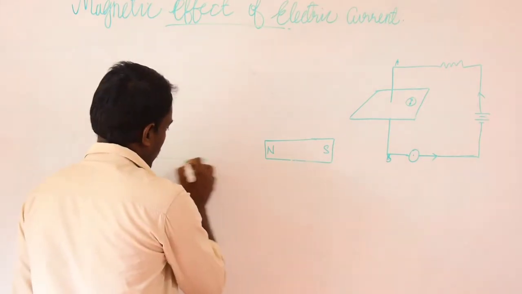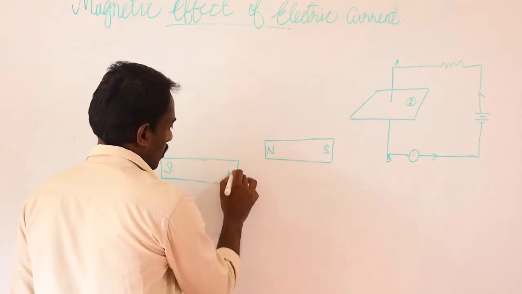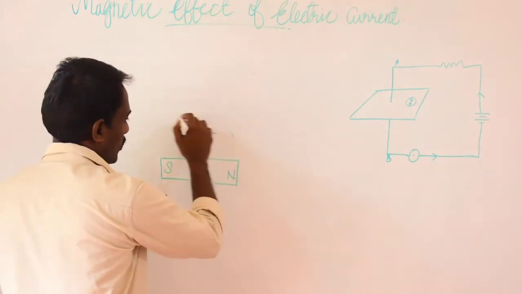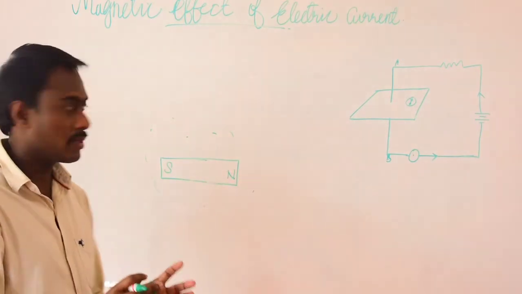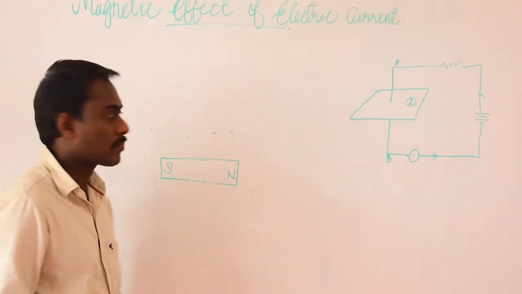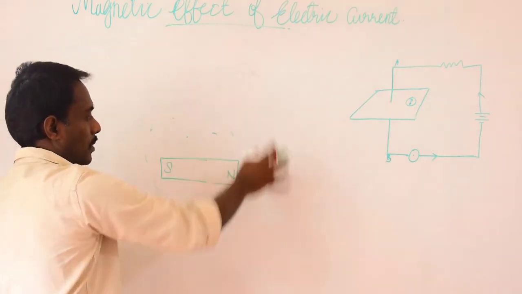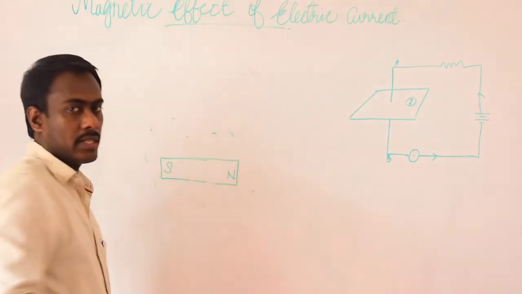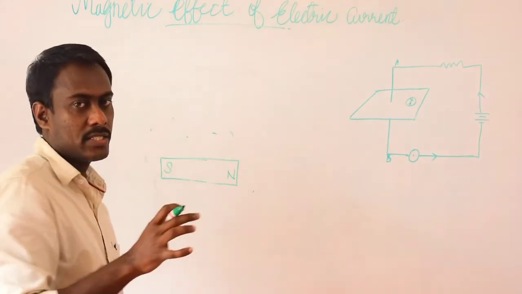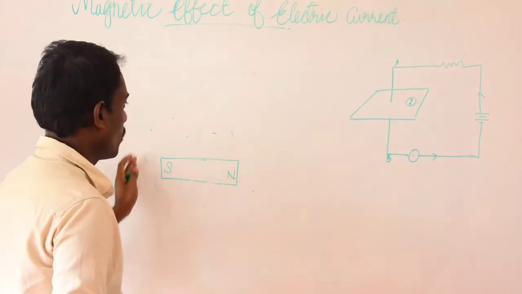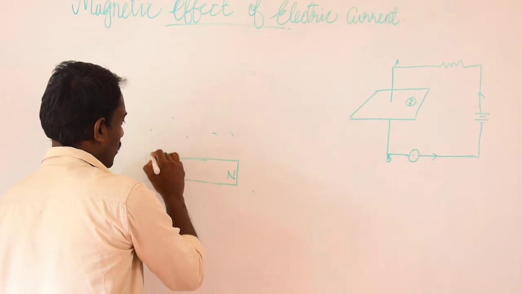Place a magnet on a paper, south and north. Now sprinkle iron filings, a powder of iron, around this bar magnet. As soon as the iron filings are sprinkled around the magnet, they arrange themselves into lines around the magnet.